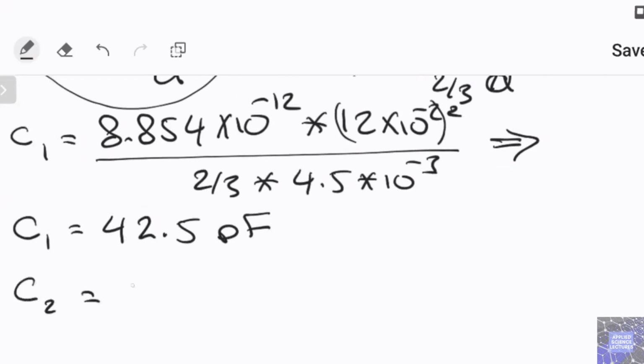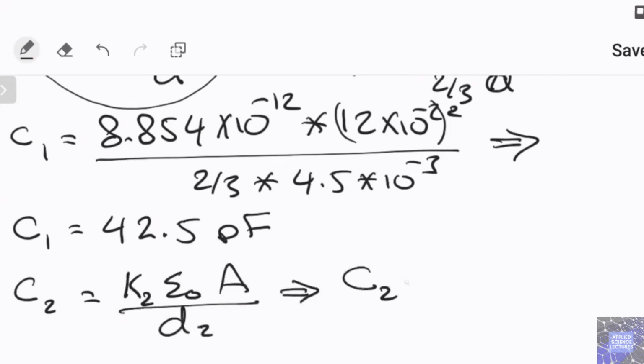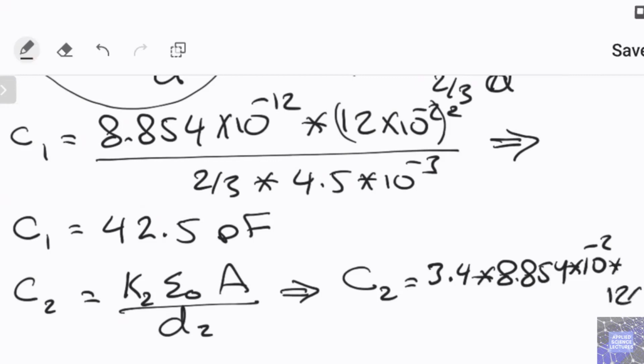Now for C2 we have K2 epsilon naught A divided by D2, and in this case we know that this is 3.4 times 8.854 10 to the power minus 12 times 12 centimeter squared divided by 1/3 of 4.5 10 to the power minus 3.